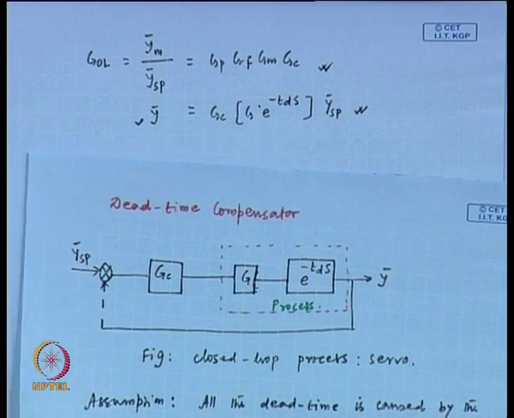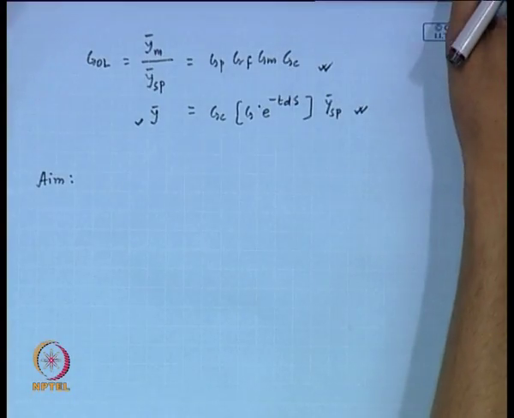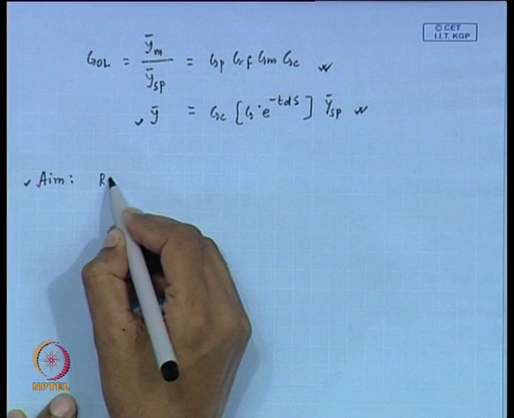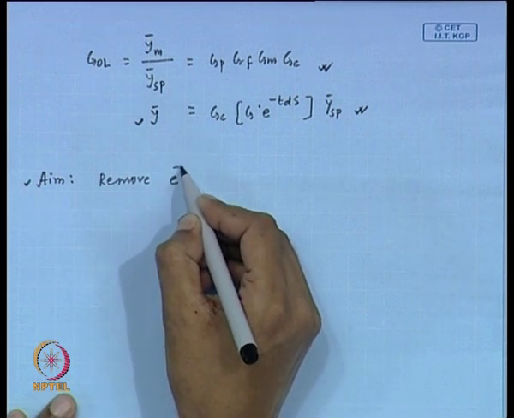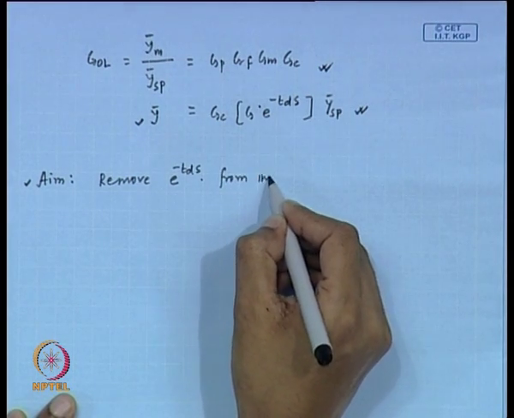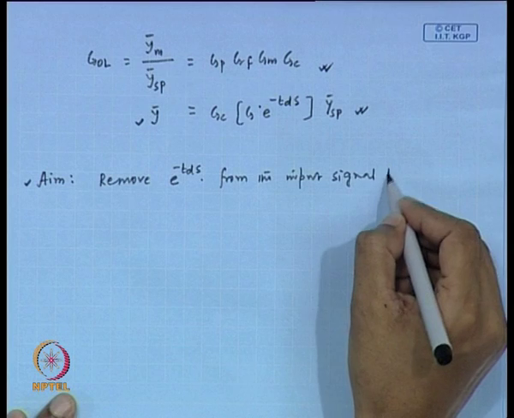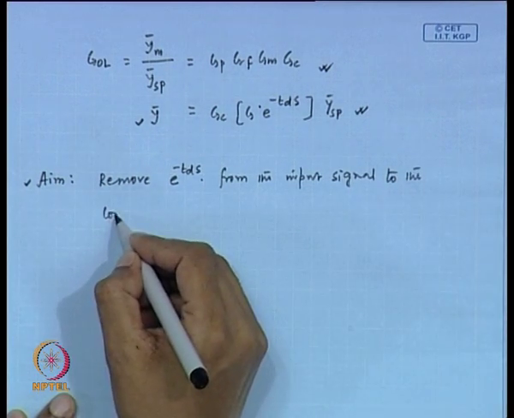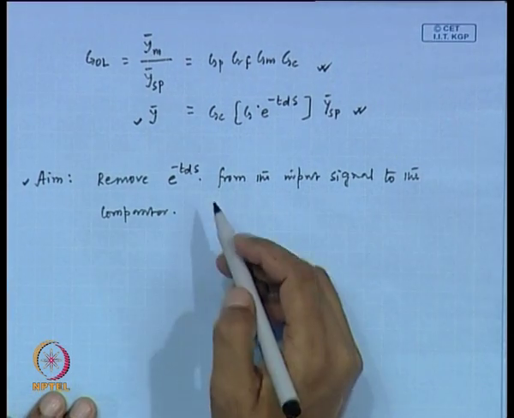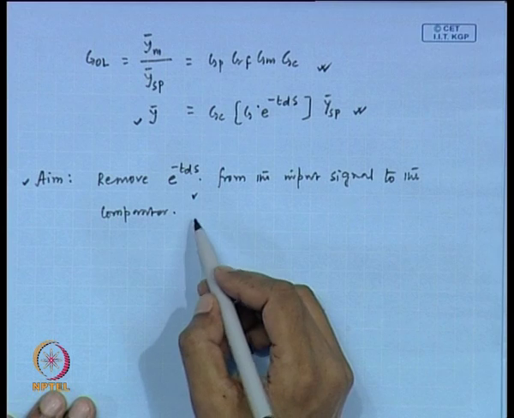Aim is to remove this dead time part from the input signal to the comparator.